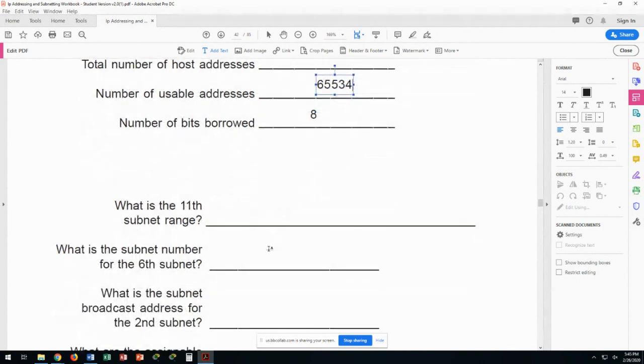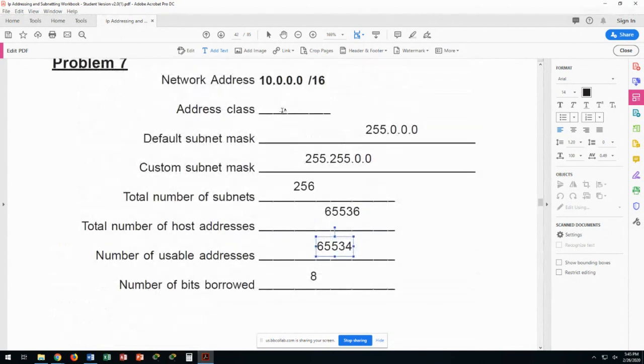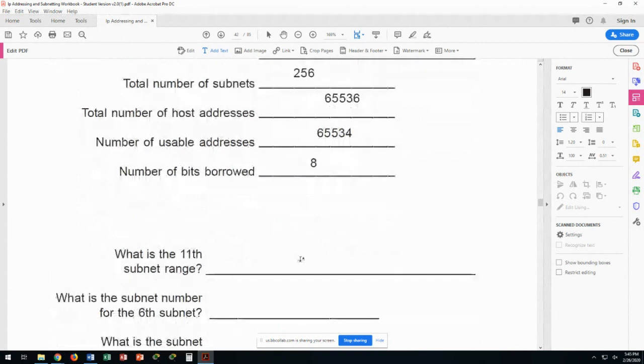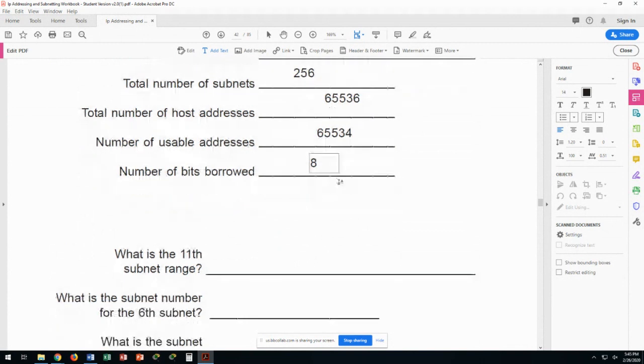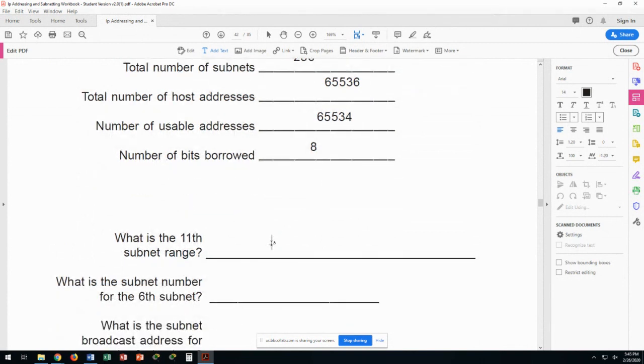Okay, so our IP address was 10, and we're creating it into 256 Bs. So our networks look like this: 10.0.0.0 to 10.0.255.255. That's network 1.